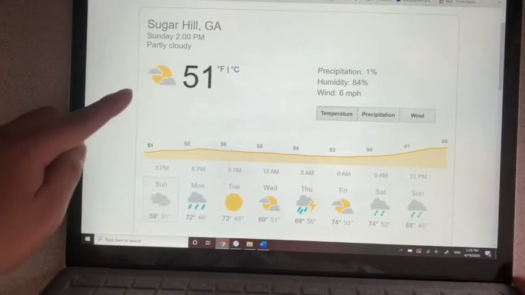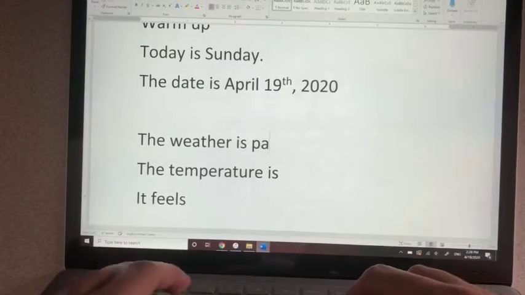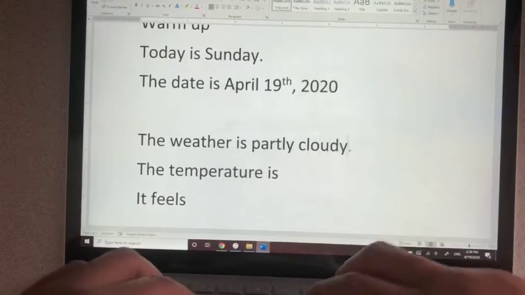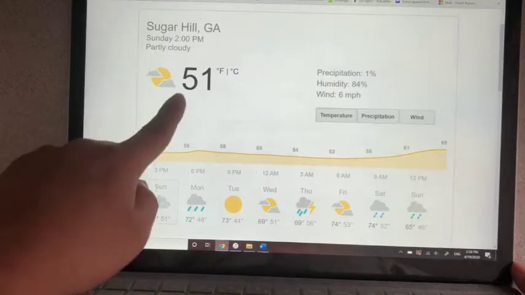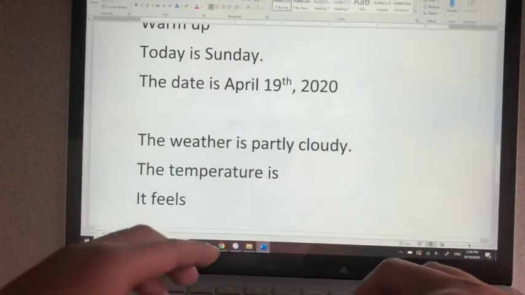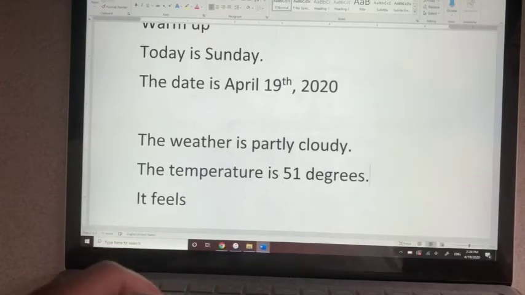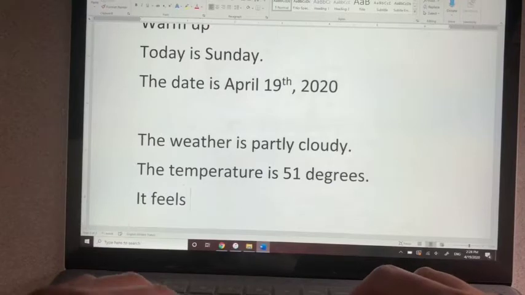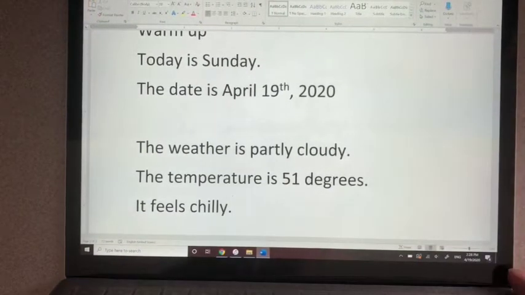The weather is partly cloudy. The temperature is 51 degrees. It feels chilly. I'm going to say it feels chilly. It's just a little cold today.